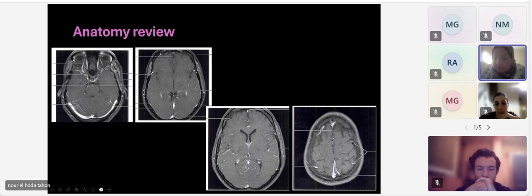I want to show you the cortical vessels because this is one of the things you have to pay attention to in your segmentation, in your images, when everything is complex, as in post surgery. It's very hard to identify everything if you don't know the anatomy very well. And this is also part of the superior sagittal sinus. And again here, you can see the choroid plexus enhancing in the bilateral ventricles.